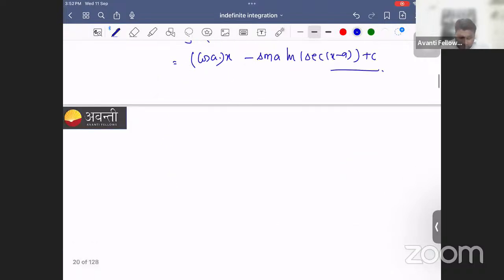Now there is another very good question. This is also, I guess, from NCERT. Dx upon cos of x minus a cos of x minus b. Try it once, you must have seen this.